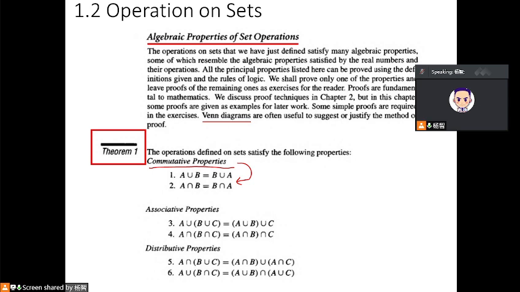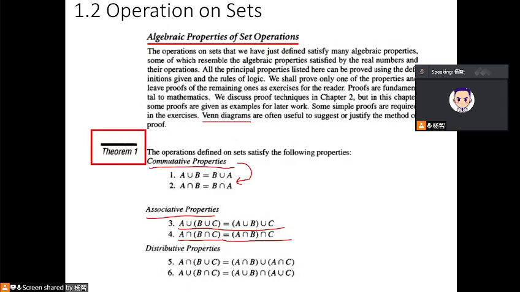Okay, look at the second, the associative property. A union B union C is equal to A union B and union C. And the intersection is like this.